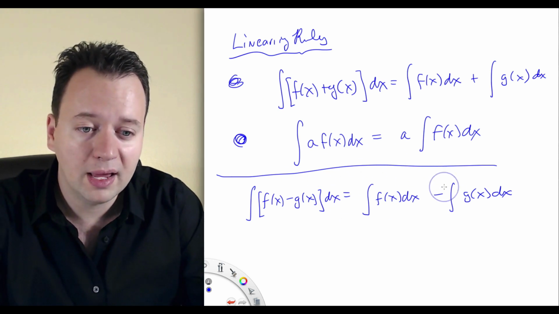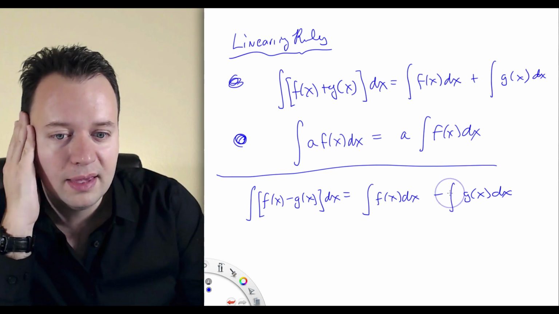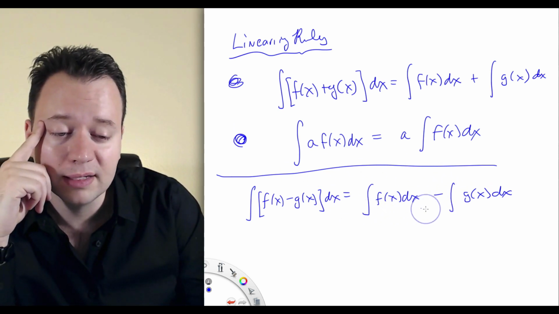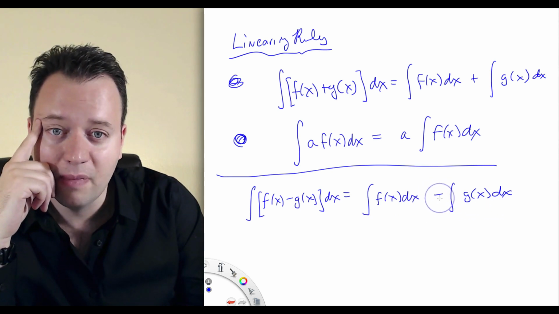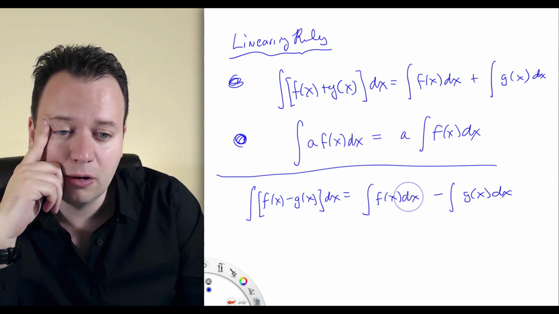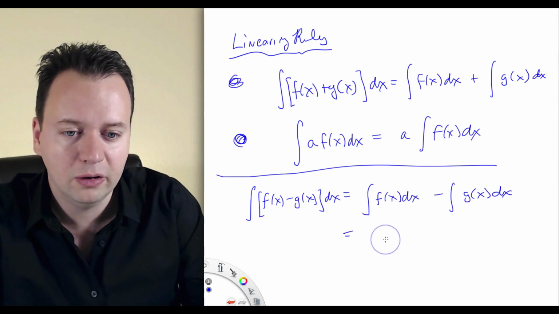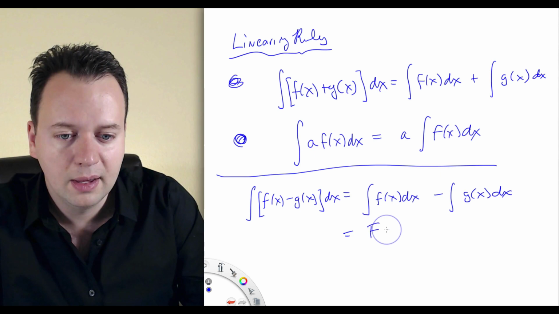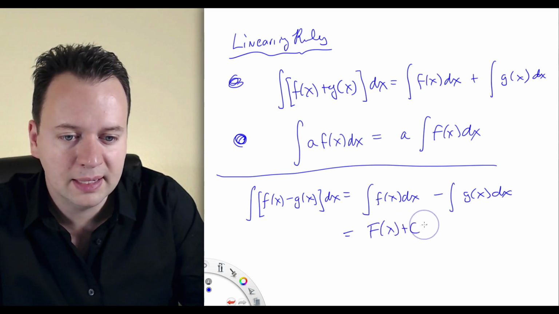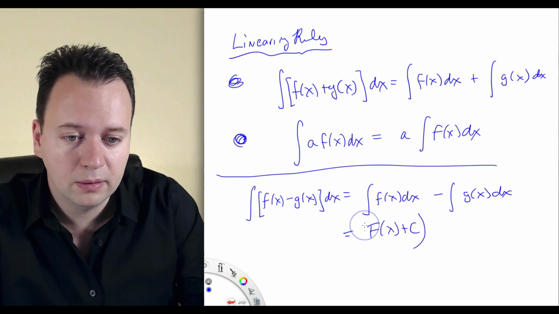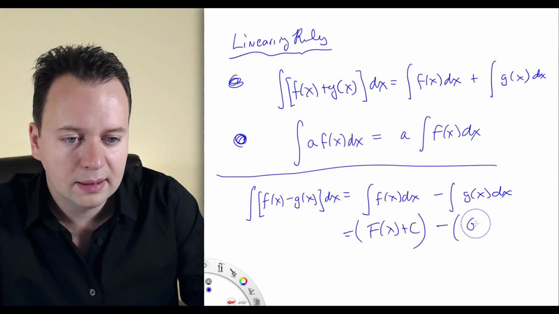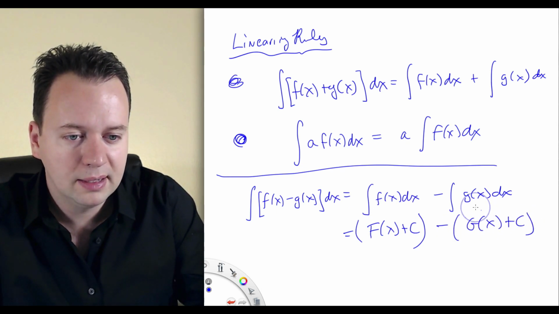The reason I'm writing it like this is that when you find these integrals, you're going to get a plus c for both of them, and there's a minus sign. And it's going to be tempting to subtract the two plus c's. Suppose you have an antiderivative for little f and little g. So for example, capital F of x plus c, that's this integral, and then minus capital G of x plus c, which would be this integral.